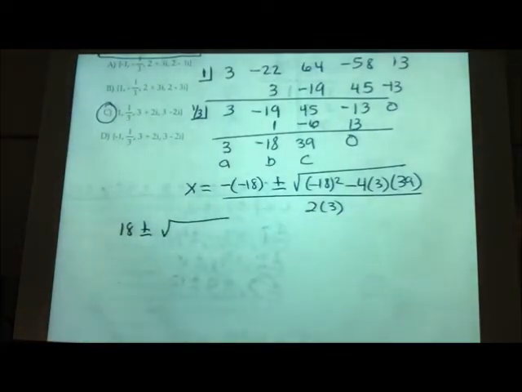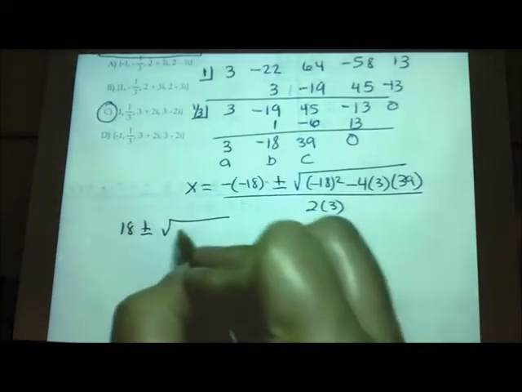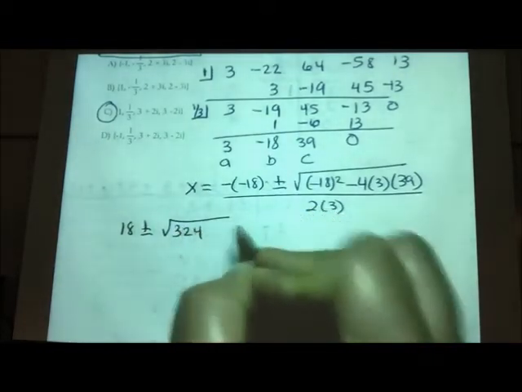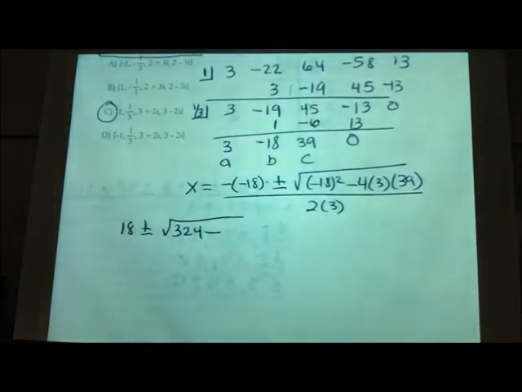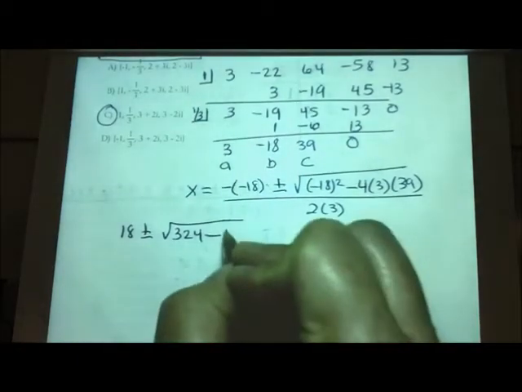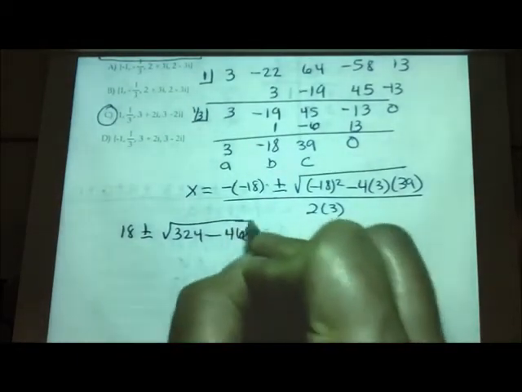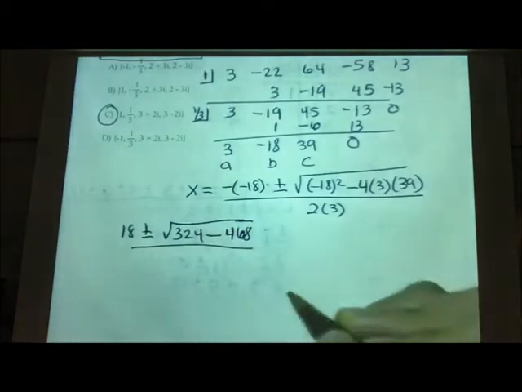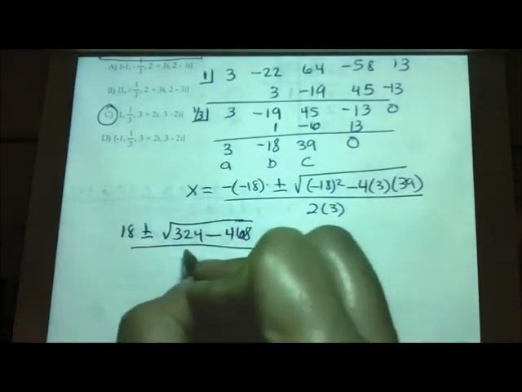So this becomes a positive 18 plus or minus the square root of 18 squared, which is 324, minus 3 times 4 times 39, which is 468, divided by 6.